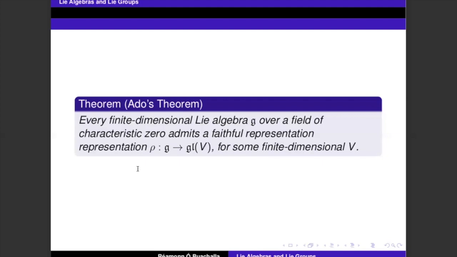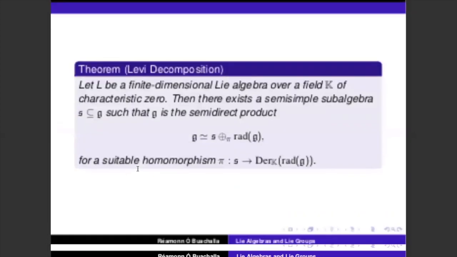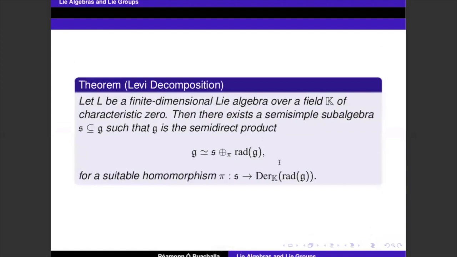Finally, what does that have to do with the previous result, that everything is going to be a composition of the radical, the solvable part, and the semi-simple part? Well, if you remember, if our Lie algebra is simple, then the adjoint gives us a faithful representation inside the general linear group of the Lie algebra, because the thing that's killed by the adjoint is going to be the center.